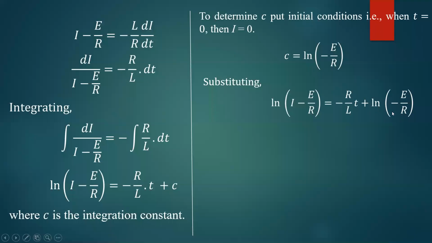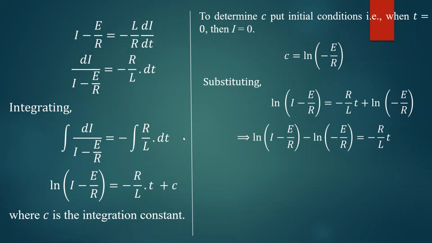Then collect the terms containing logarithm on one side. You will get ln of I minus E by R minus ln of minus E by R is equal to minus R by L into t. This is of the form ln of m minus ln of n, which gives ln of m by n.